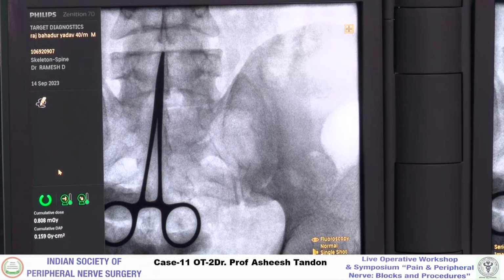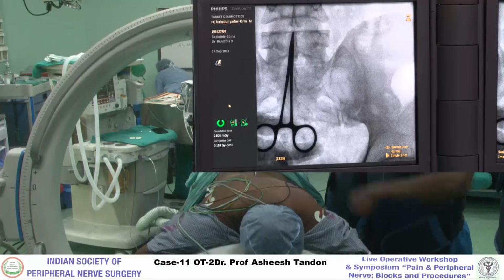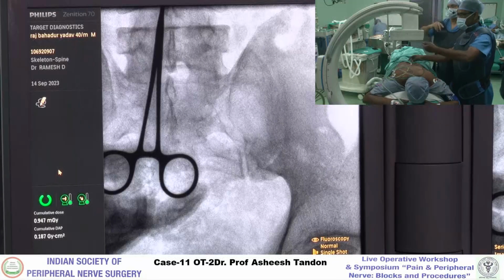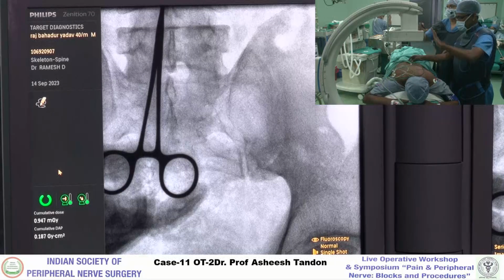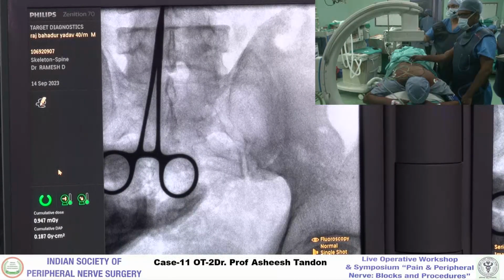Thoda sa upar le jaiye. And you know, in this patient, nahin, sorry, aise hi, bas sir ki taraf le jaiye. And can you show it here? Aap yahan dikha sakte hain. So if you see here, there's a reversal of the C-arm position to get the parallax.